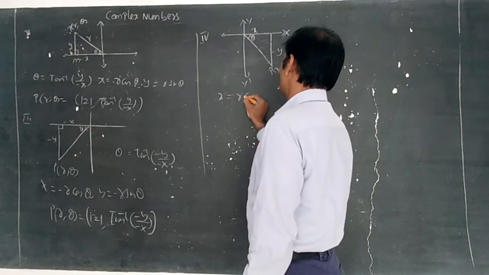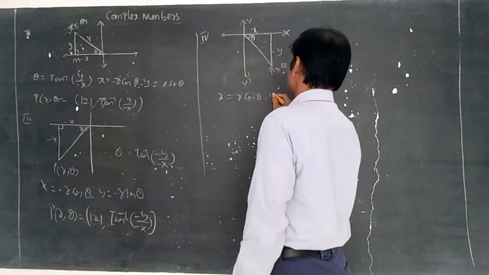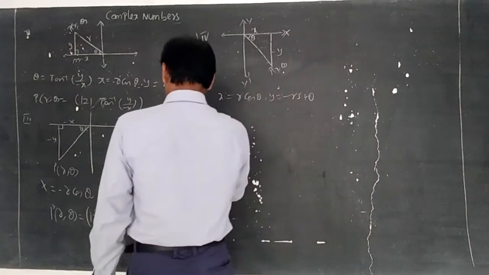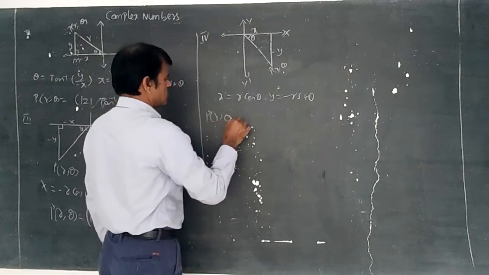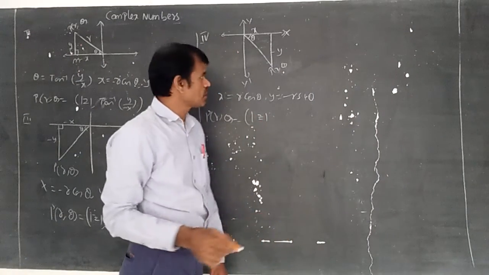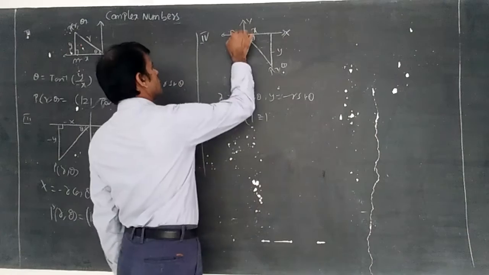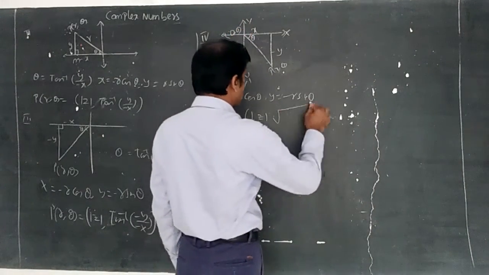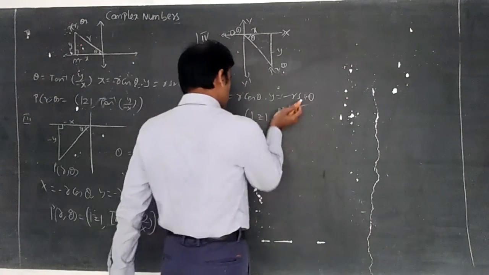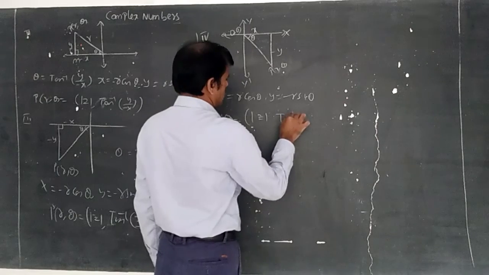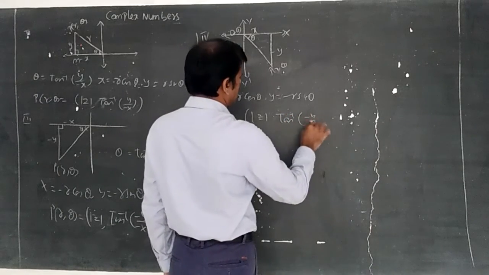You can understand here x is equal to r cos theta and y is equal to minus r sin theta. P(r, theta) you can write as modulus of z, that is root of x square plus y square, which is r, the unit distance from origin. Z modulus of z comma root, of course this theta is equal to tan inverse of minus y by x.